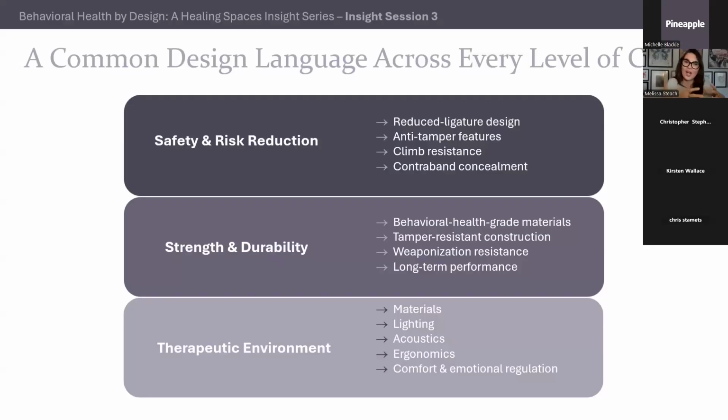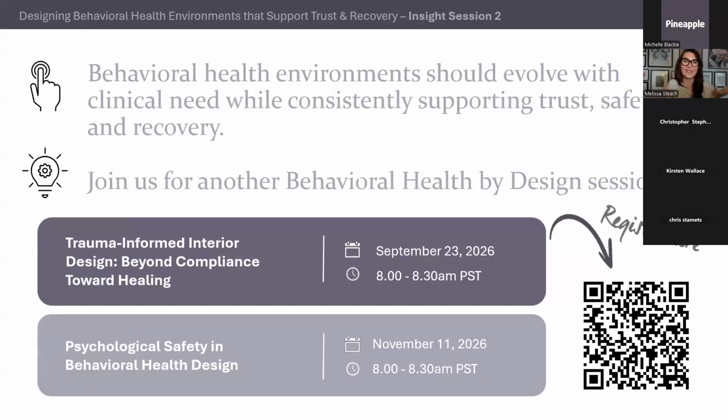When therapeutic environments, durable design, and thoughtful risk reduction work together, they create environments that support trust, promote safety, and ultimately contribute to the recovery. Now, today we've explored how behavioral health environments should respond to different levels of acuity. While the specific design strategies may change across the continuum of care, the underlying objective remains remarkably consistent.